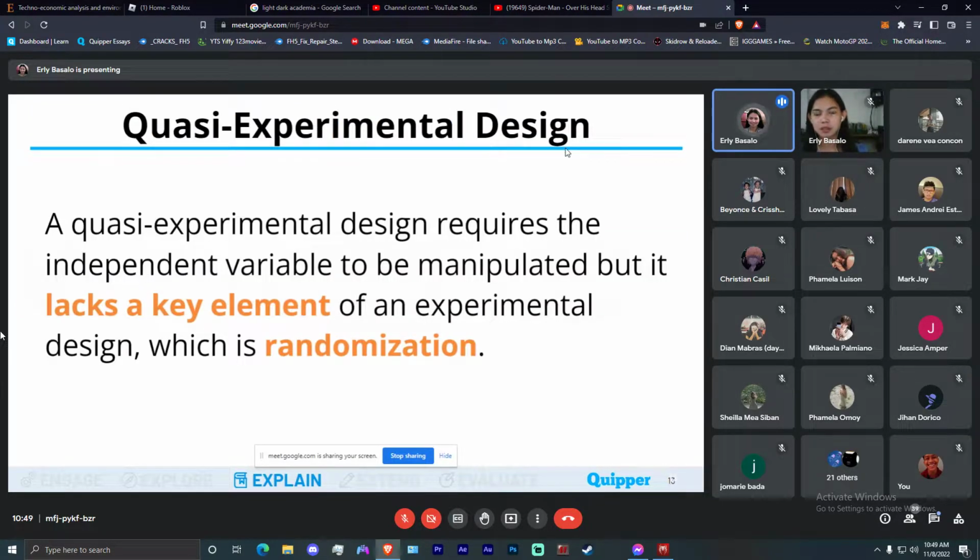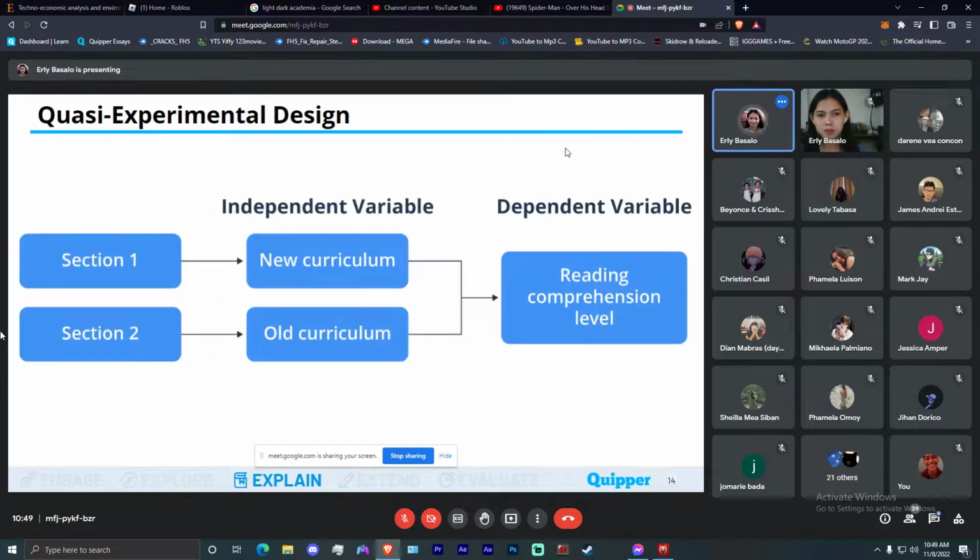Next, we have quasi-experimental design. A quasi-experimental design requires the independent variable to be manipulated, but it lacks a key element of an experimental design, which is randomization. For example, okay, we have the independent variable, new curriculum, old curriculum. So our dependent variable is the reading comprehension level.